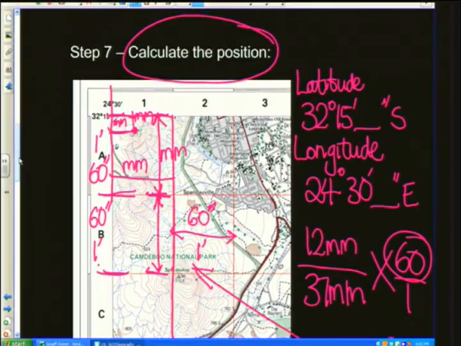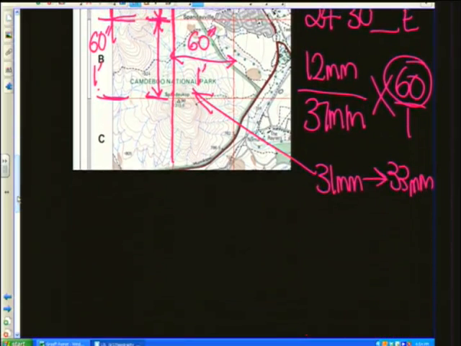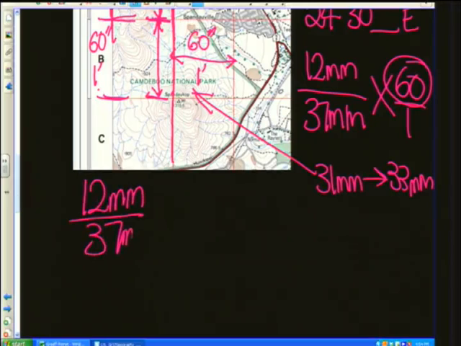And then when we're calculating, we should focus on the distances accurately between latitudes, between longitudes, and between latitudes and the point, and longitudes and the point. So this example will be as follows. Note, we've got 12 millimeters over 37 millimeters times 60 over 1.